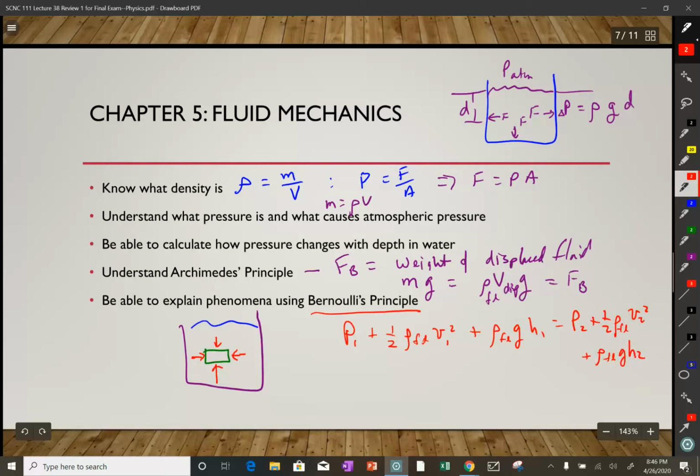That's the actual equation for Bernoulli's principle. What you really need to know is faster flowing fluid, lower pressure. So when you have very high winds, that makes the air pressure lower. So your house is trying to push the walls and ceiling off because you have higher pressure inside and lower pressure outside.